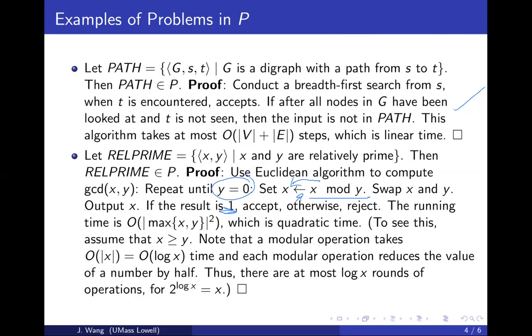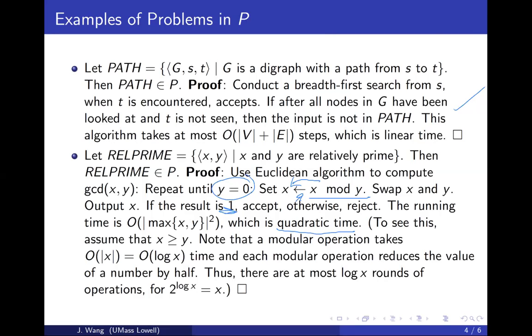To see why this is quadratic time, we know that a modular operation takes, well, we don't need fast exponentiation here, we just need a modular operation. That only takes the order of the size of x, which is big O of log x time, and each modular operation reduces the size of a number by half.